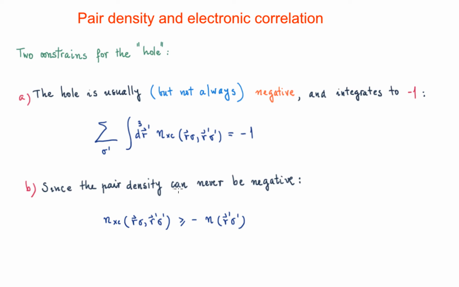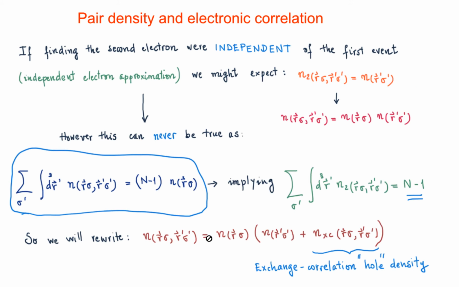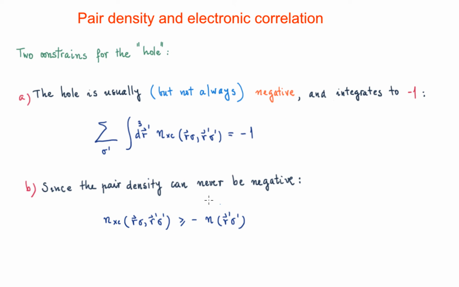Since the pair density cannot be negative, and following the definition we have considered for this exchange and correlation hole, the product of these two functions cannot be negative, it should be positive. This is positive, of course, by definition, so we have that this one should be positive as well. But we know this is positive, but this is usually negative. So the following constraint has to be satisfied in order for the sum of these two terms to be positive.